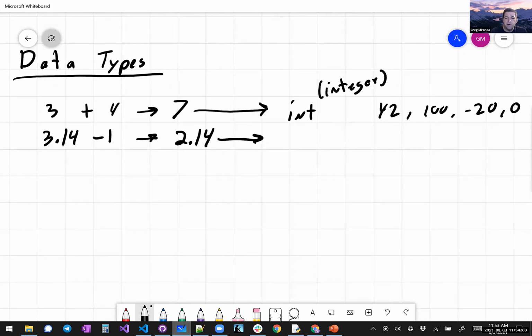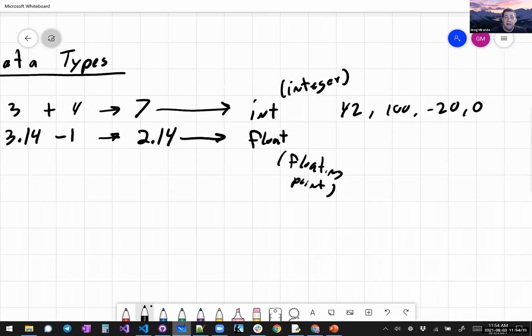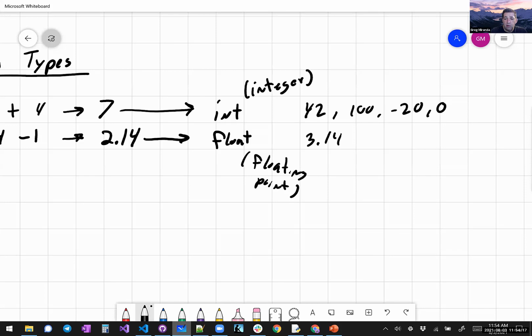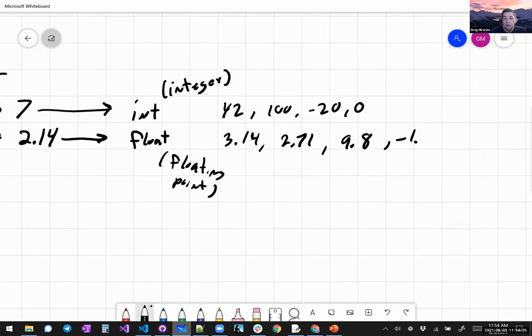The second number is what we call a float, which is short for a floating point number. That's going to be something like 3.14, 2.71, 9.8, negative 1.2. Technically 0.0 is a floating point number.